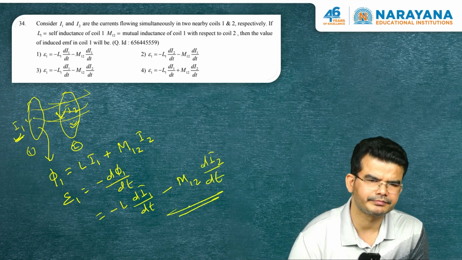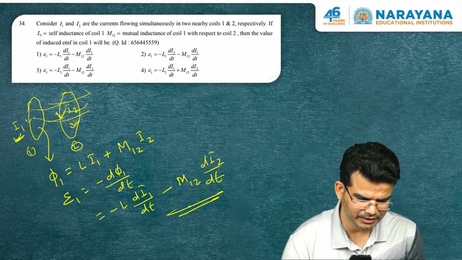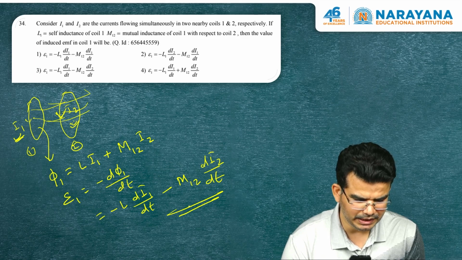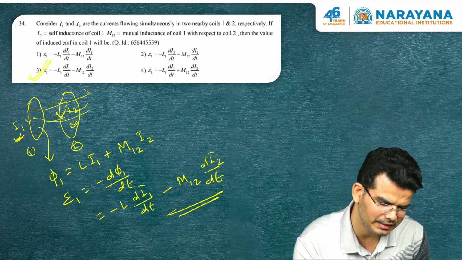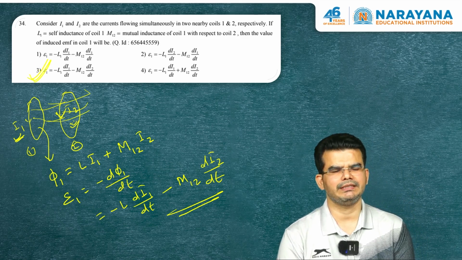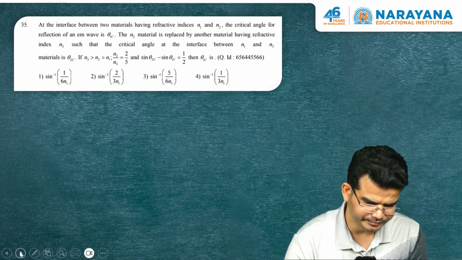Very simple. So which option? You can see EMF is minus L1 d I1 by dt minus M12 d I2 by dt, which is option number 3. Option number 3 is the correct answer. Okay. Let us move to the next one.